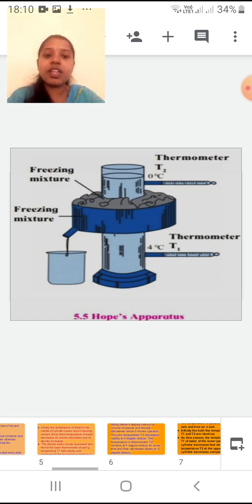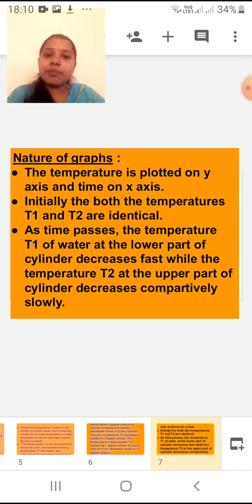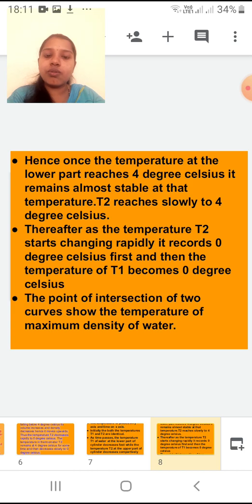Okay. Again, coming back to our slide. So as the time passes, as I told you, the temperature T1 of the water at the lower part of the cylinder will decrease fast and T2 will be comparatively slow. Next, what we saw was that first the temperature T1 will come to 4 degrees Celsius and then T2 will come to 4 degrees Celsius. Okay.